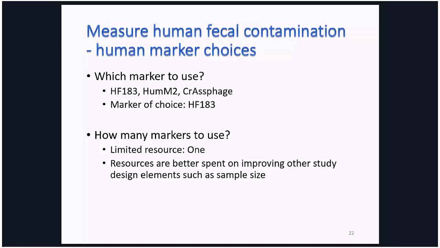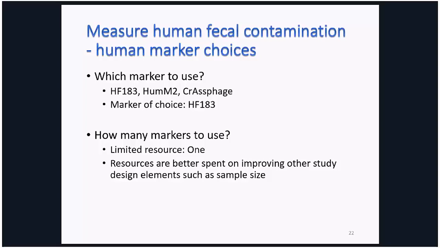However, I do want to mention the motivation behind using multiple markers. They're twofold. One is you may be afraid that the HF183 marker is not picking up human fecal contamination all the time, because it is known that this marker is not present in all human populations.